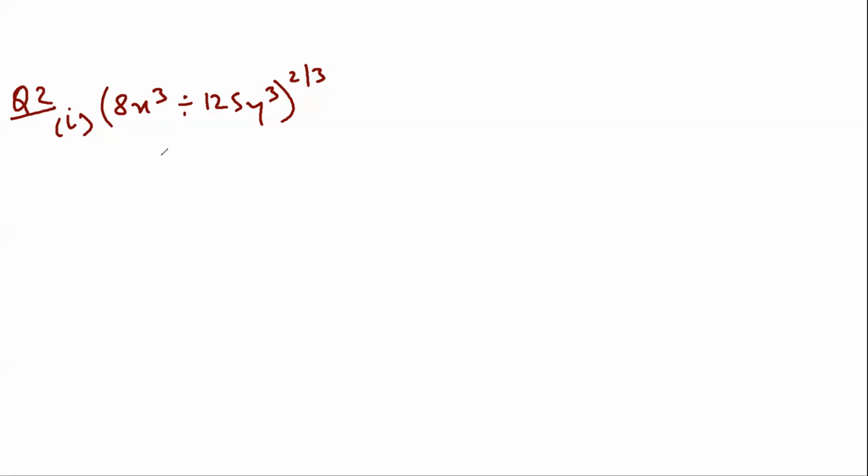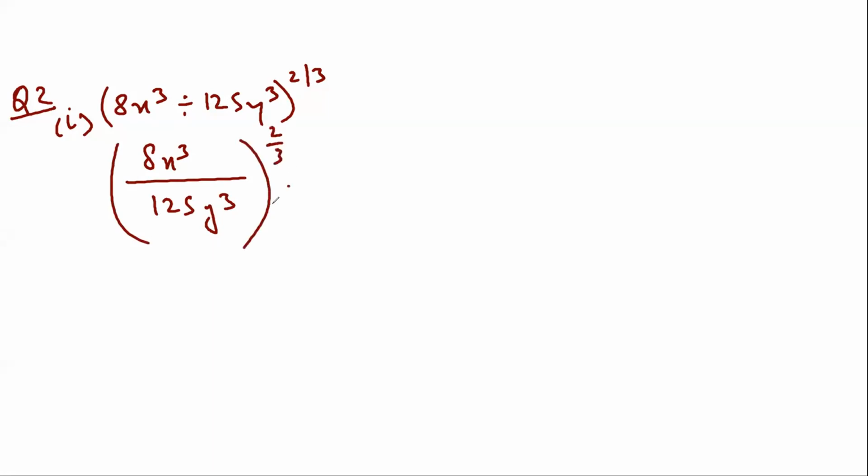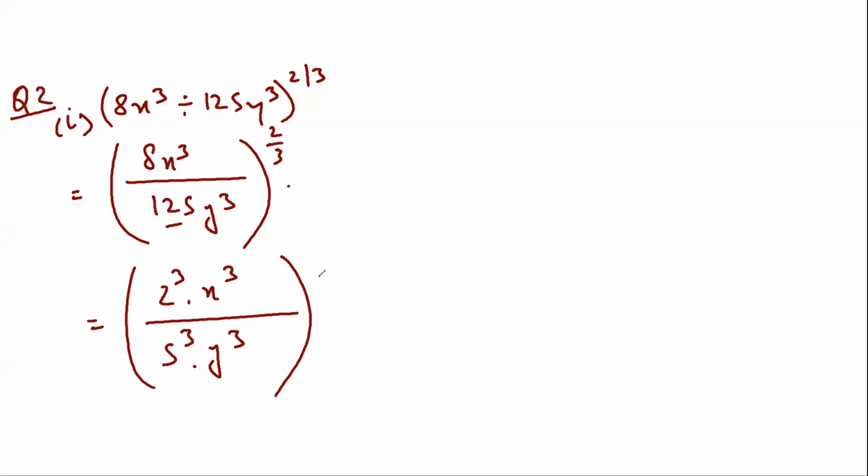I can write this as (8x cube upon 125 y cube) whole power 2 by 3. I can write this as 2 cube, this is already x cube, 125 can be written as 5 cube, y cube is already y cube, whole power 2 by 3.